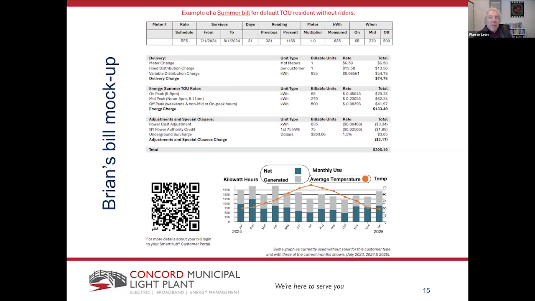But yeah, I'm thinking multiple audiences. What the end customer should know is delivery pays for the operations of the light plant. Energy is your share of what you consumed through it.